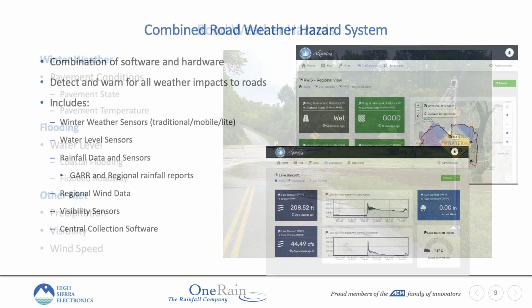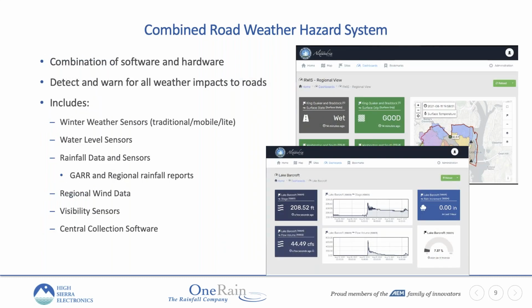And so what we're going to be talking a lot about today is a combined road weather hazard system. What this does is it's a combination of both software and hardware working in concert together to provide the most value. It's going to detect these weather hazards on the roads, and then be able to alert and warn the appropriate people, whether that's the maintainers of the actual roads, other departments within your group, or ultimately the motorists.